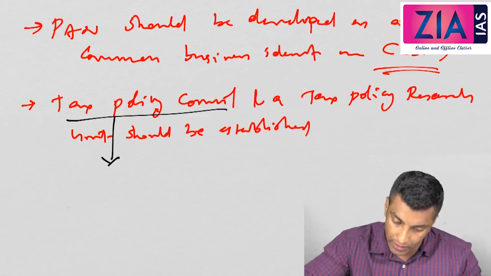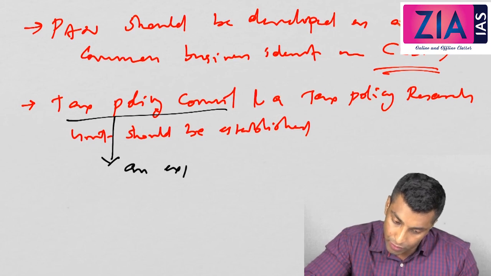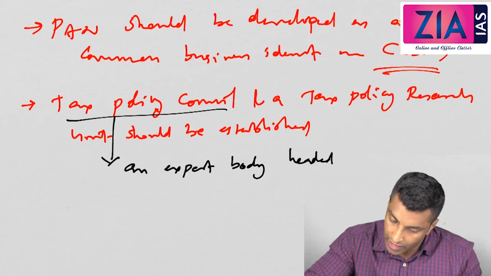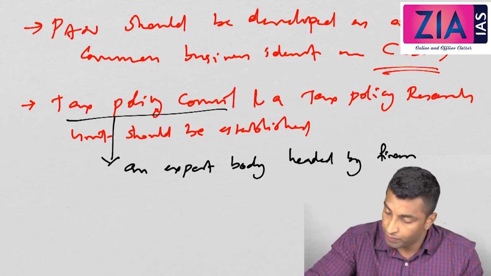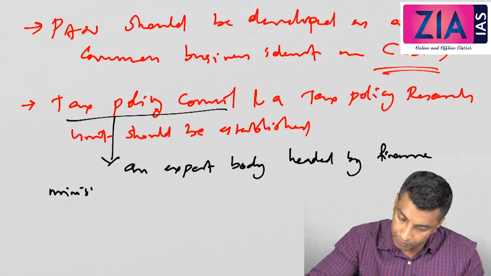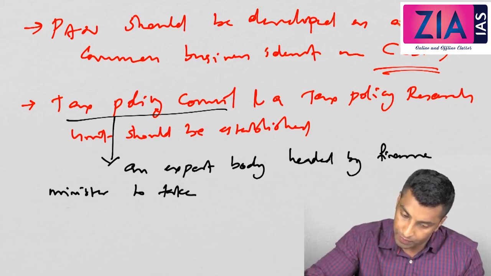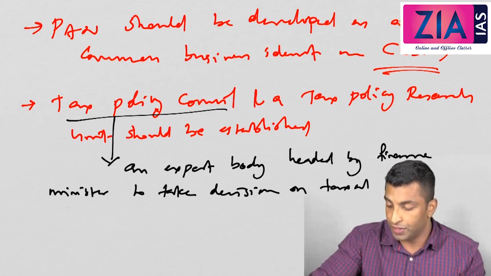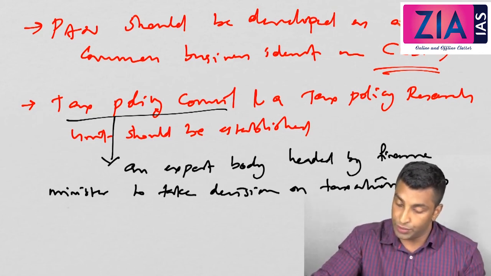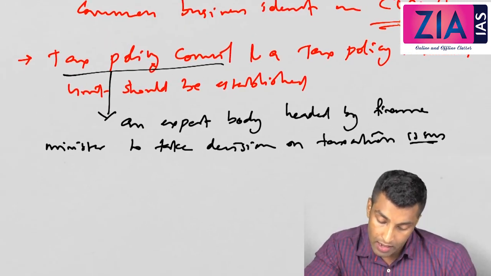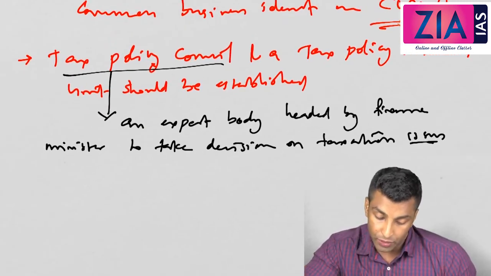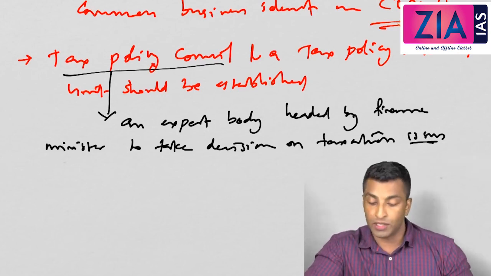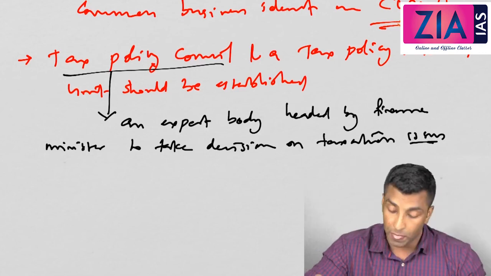Tax policy council is actually an expert body headed by the finance minister to take decisions on taxation issues, okay? So tax policy council and a tax policy research unit to be established. So tax policy council is basically an expert body headed by the finance minister to take decisions on the taxation issues.